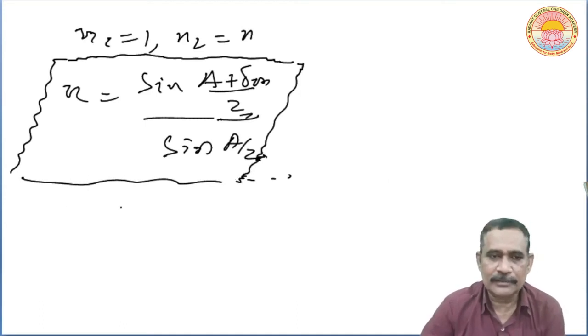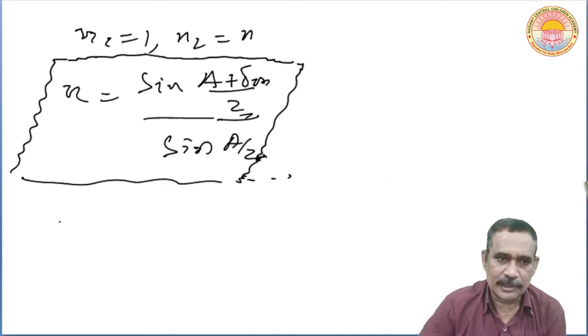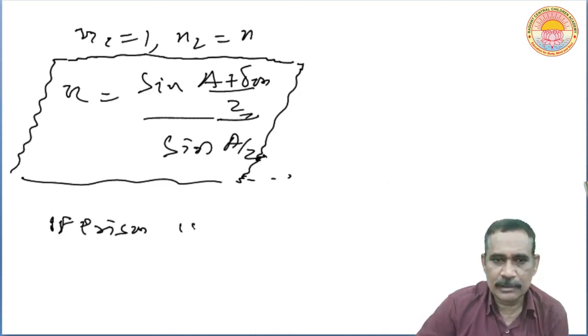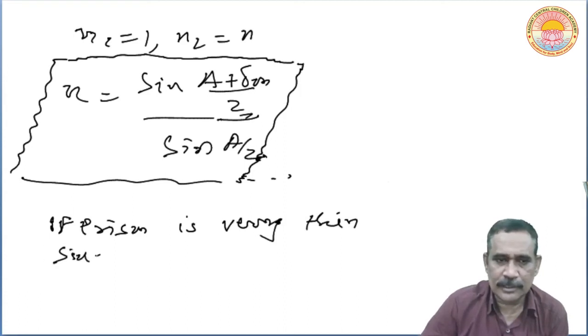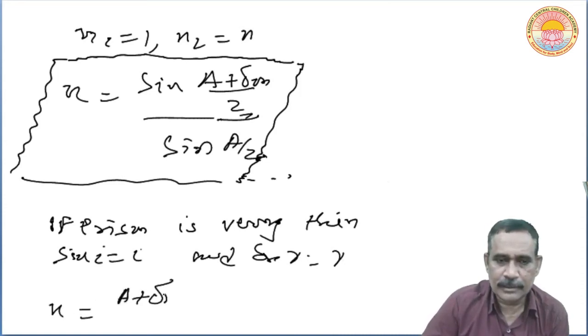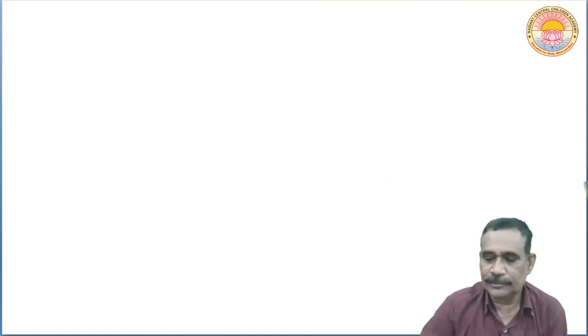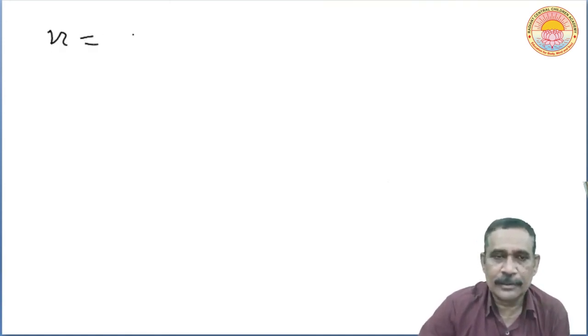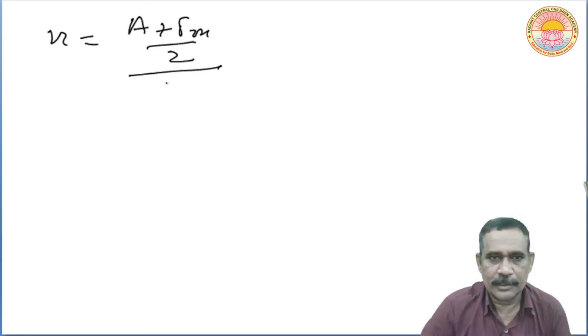Again, if the prism is very thin, then sin I is I, and sin R equals R. Therefore n equals (A plus delta M) by 2 whole upon A by 2.